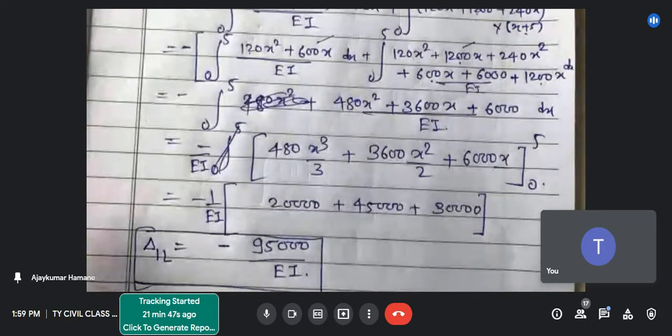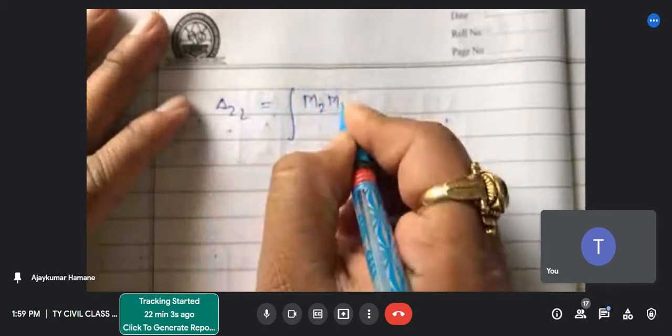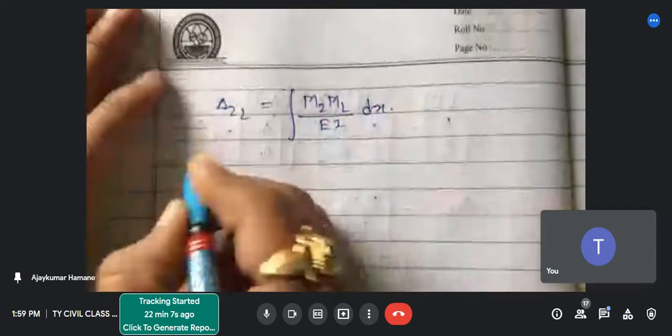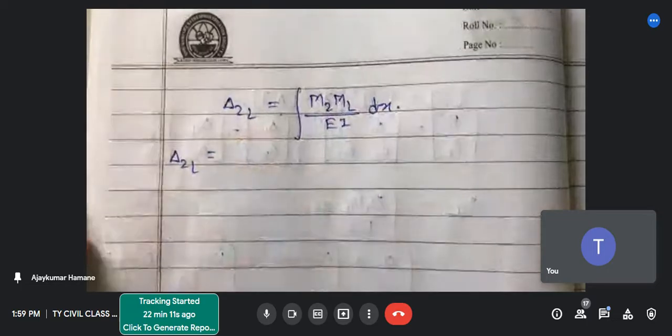Okay. So that is delta 1L. Similarly, you can find out delta 2L. So delta 2L equals what? Integration of M2 ML divided by EI into dx.